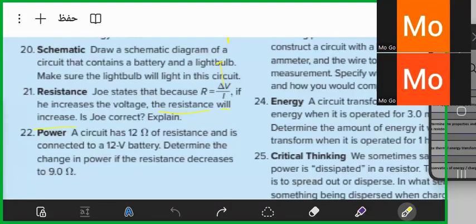Yes, it will, because V and R are directly proportional, but I and R are inversely proportional. He doesn't mention I. He needed only R and V. So you should focus on the law, what he wanted you to know, or what he wanted you to do.